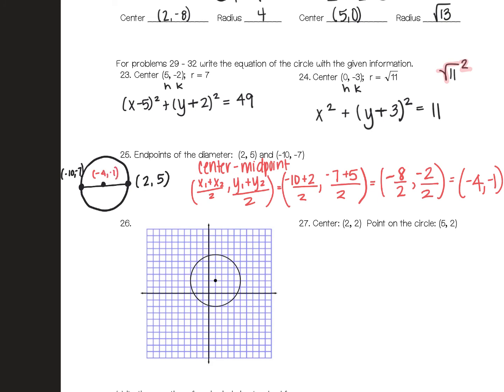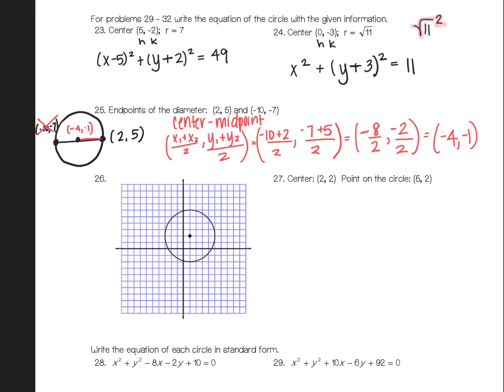Then I still need to figure out the radius, and I'm going to do that using the center and one point. So I'm going to choose to just use 2, 5, and I'm going to go ahead and write right below this. Sorry about that. So now I need to do distance. You're welcome to use Desmos for this.